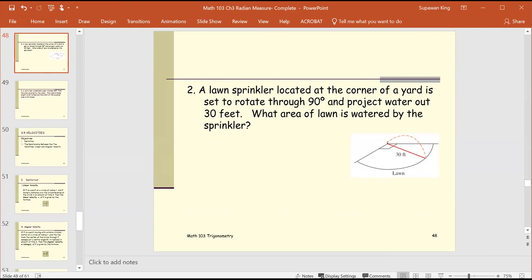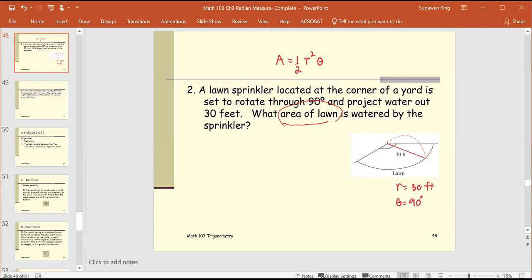Example: a lawn sprinkler located at the corner of a yard is set to rotate through 90 degrees and project water out 30 feet. What area of the lawn is watered by the sprinkler? Using the formula A equals 1/2 times r squared times theta, the radius r is 30 feet and angle theta is 90 degrees.